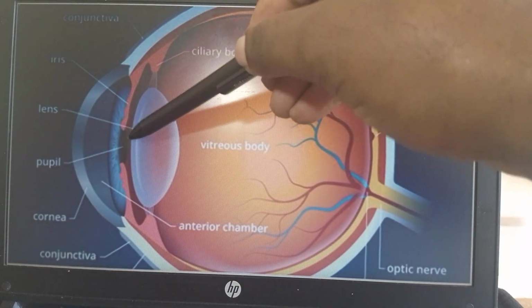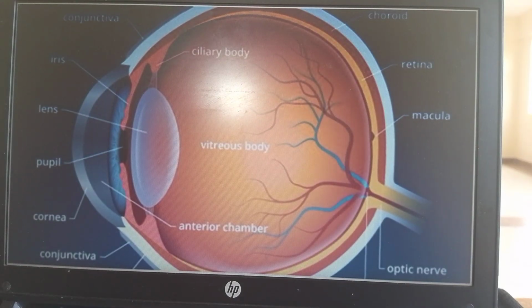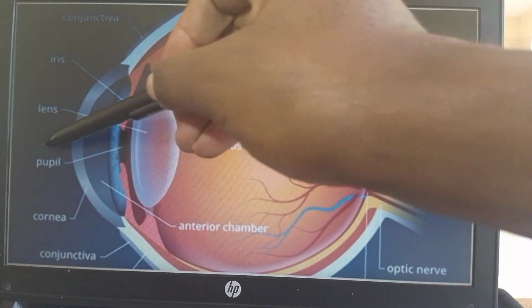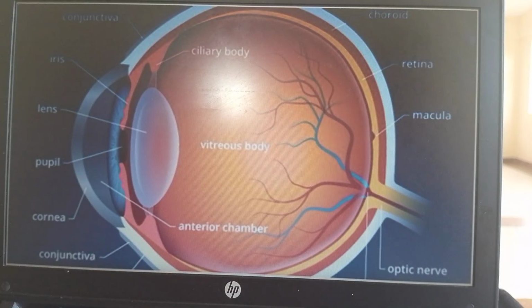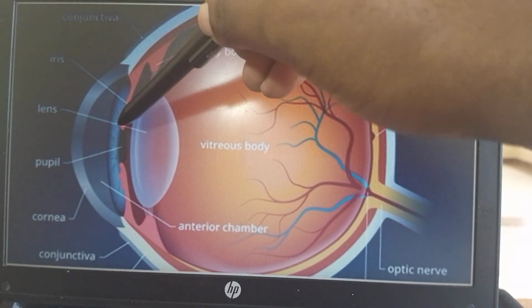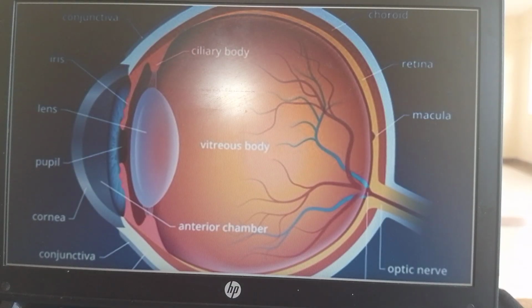It is not a structure, it's just an opening to the eye, whose function is to regulate the amount of light entering the eye. So the pupil changes in size to regulate the amount of light entering the eye.